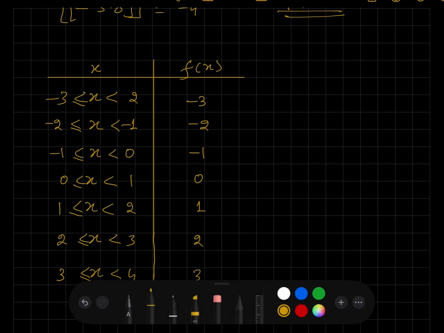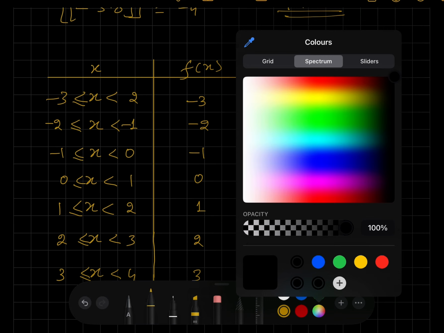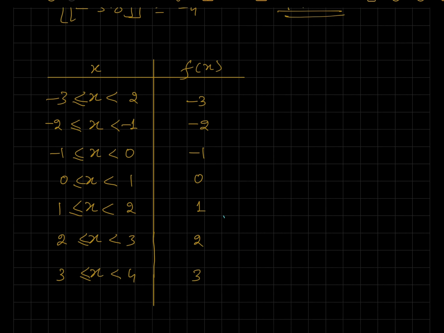Let me plot with some different colors so that we can identify it easily. Here I am plotting, and this is my x-axis. So negative 3 to negative 2, the value is negative 3.